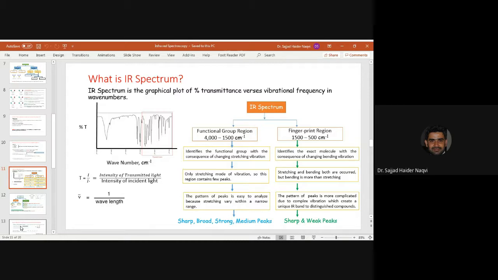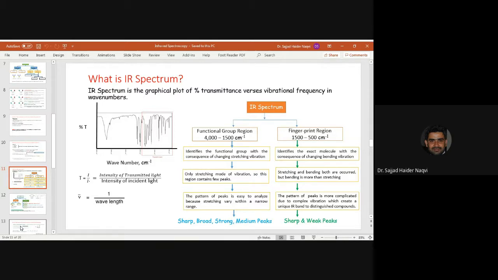Now, the light which is coming out as transmittance will fall onto the detector, and the detector is connected with the software on the computer, and that is going to give you a chart which is called the spectrum, or IR spectrum.